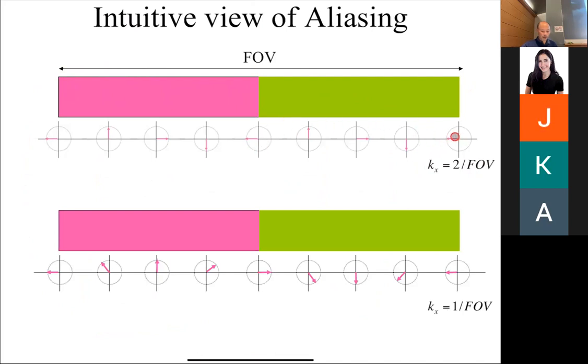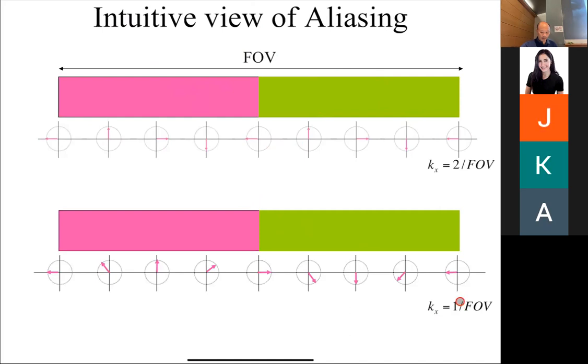So that Fourier component repeats, such that this part of the object gets multiplied by exactly the same phasors as this part of the object. These phases look exactly the same as these phases. So I have no real way of differentiating these two halves of my object, because they multiply by something that looks exactly the same.